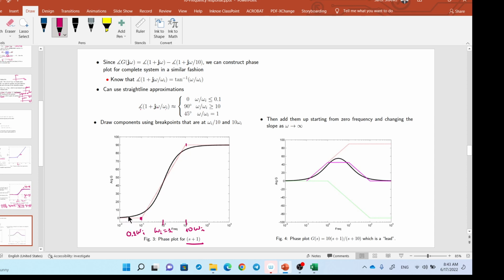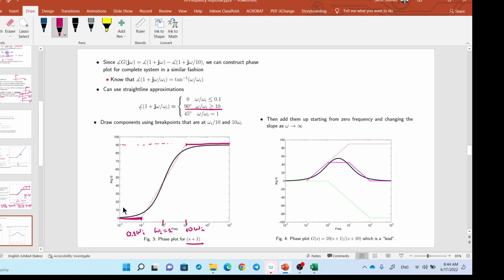So you draw the asymptote of the first limit, omega much smaller than omega I, actually even smaller than 0.1 of omega I. So this is the first asymptote, and the second asymptote, this one, 90 degrees here. You draw it from 10 omega I to infinity.